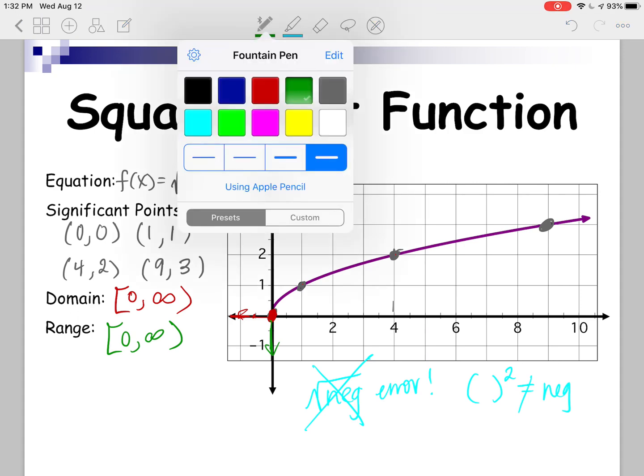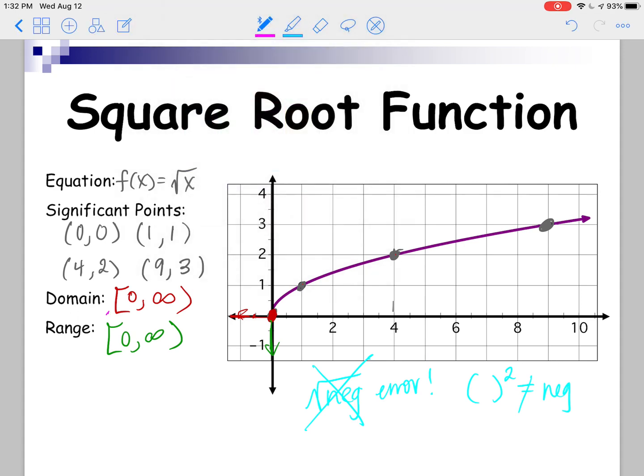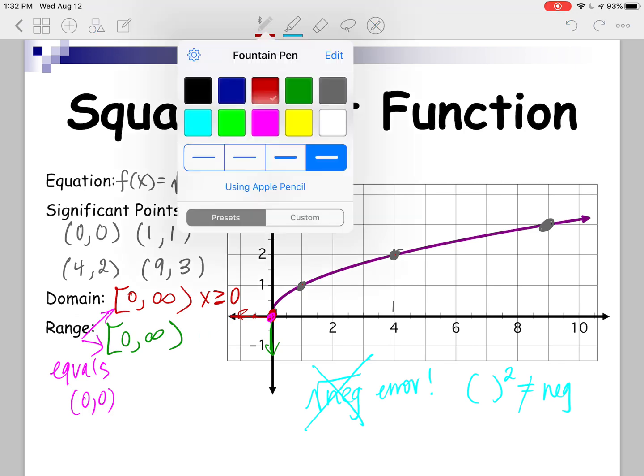We are using the bracket for both because in both cases we actually equal that 0, 0 point. So bracket. And so in inequality notation, we would want to make sure to put the line under the inequality sign.